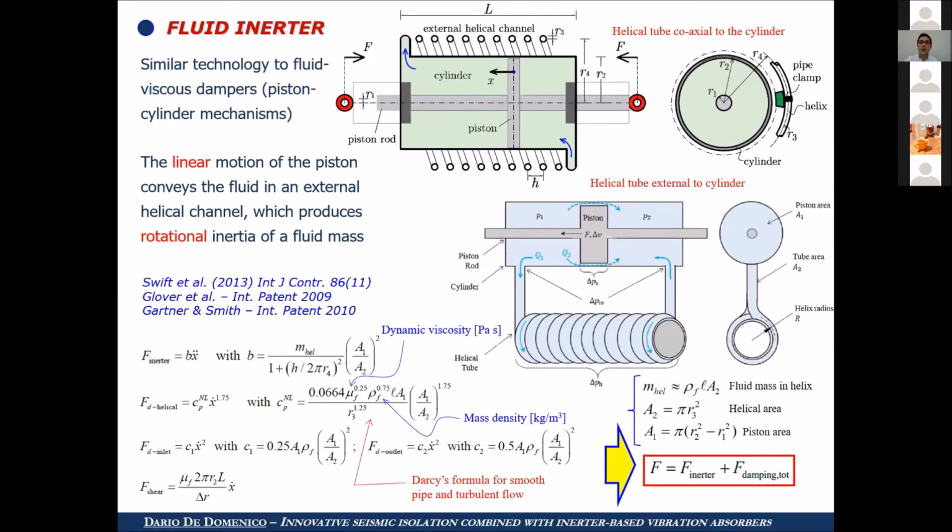So in this case, we have a piston-cylinder technology, similar to the fluid viscous dampers, but instead of an orifice to convey the fluid from one chamber to another, there is an external helical channel that conveys the fluid from this side to this side. So the linear motion of the piston generates a rotational inertia of this fluid mass. This device was patented quite recently, almost 10 years ago, and its working principle is based on simple hydraulic mathematics.